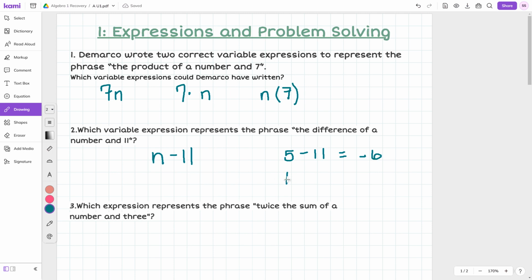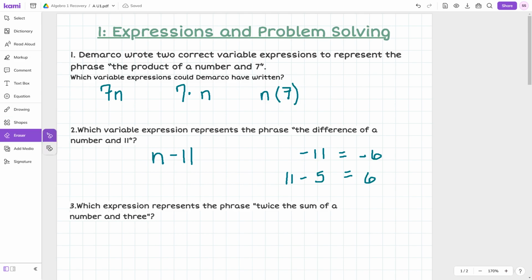If I do 11 minus 5, my answer is +6. So it makes a difference which one we write. So the only correct way is to write it as n and 11. Like I said, use the order that it comes in. Let's look at the next one.